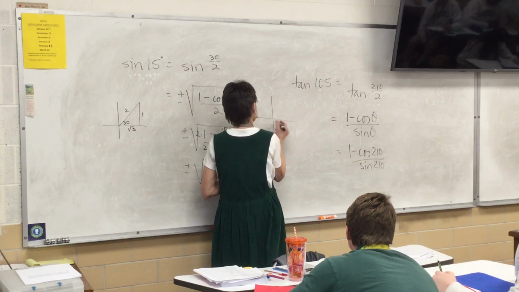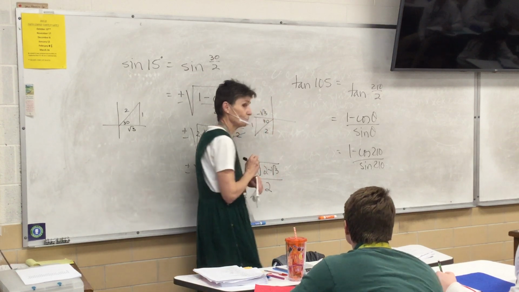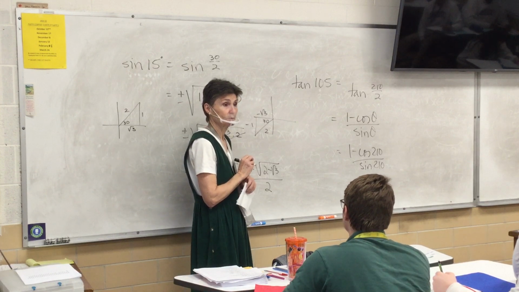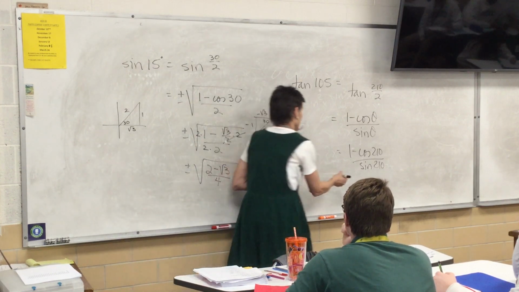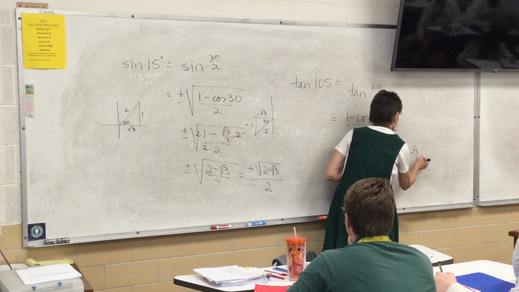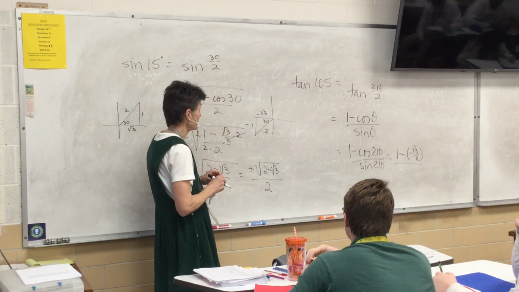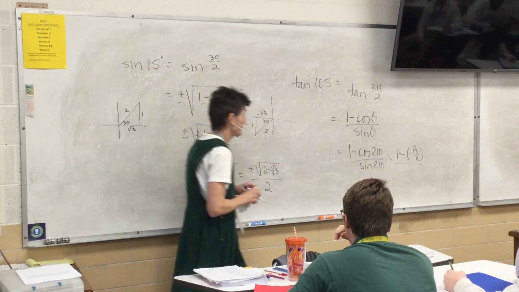All right, 210, what's the cosine of 210? Negative root 3 over 2? So 1 minus negative root 3 over 2 over the sine of 210, which is negative 1/2.